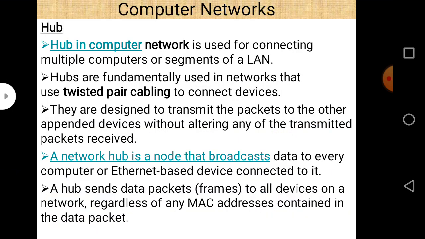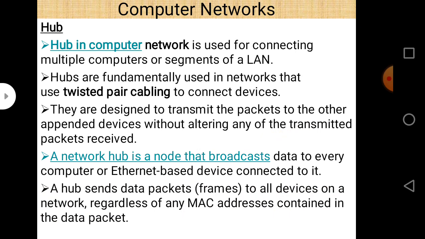A hub sends data packets, framed, to all devices on a network regardless of any MAC address contained in the data packet. So the important point is that when more than one computer is connected using hubs, then the hub sends frames, or we can say packets, meaning information or data, to different devices connected to a computer system, regardless of any MAC address.